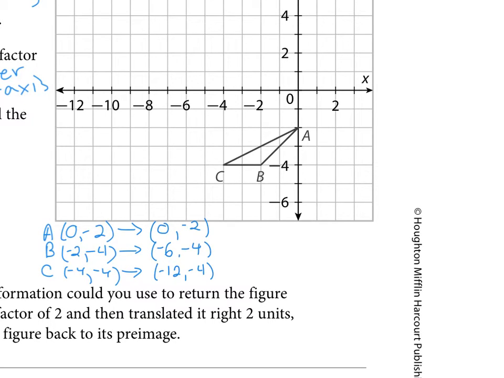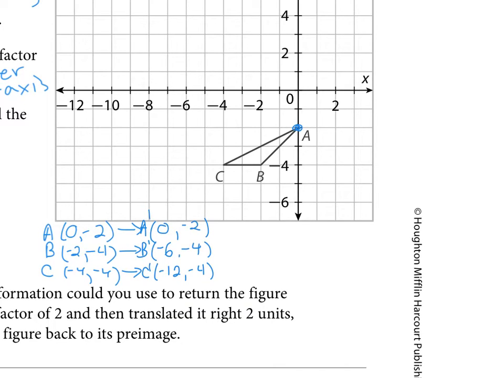So this is going to be, oops, I forgot to put my labels. Let's make sure we stick those in. A prime, B prime, and C prime. And let's go ahead and graph that stretched out, remember, with regard to the x, stretched out triangle. So A prime is actually going to stay exactly where it is.